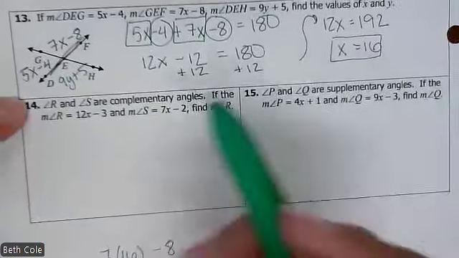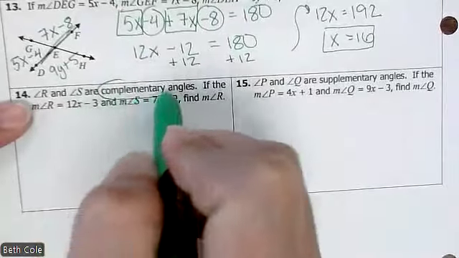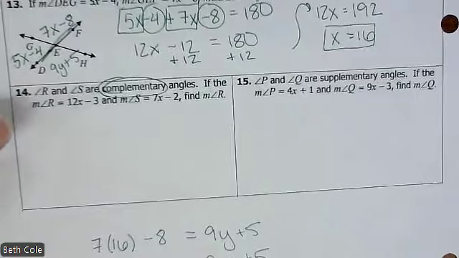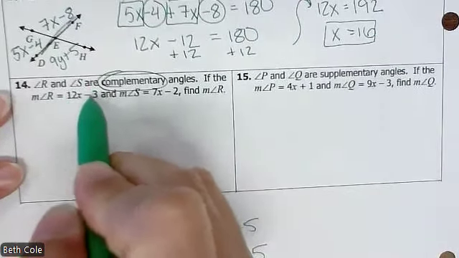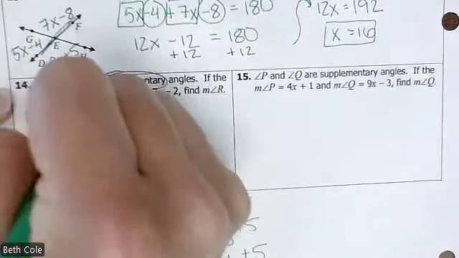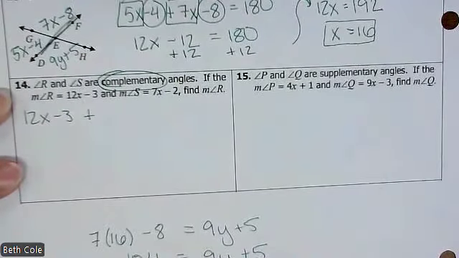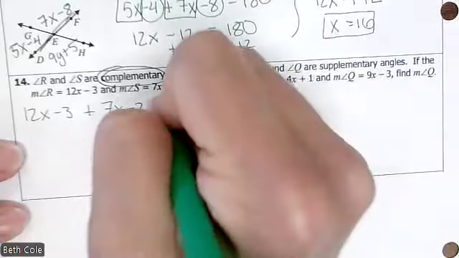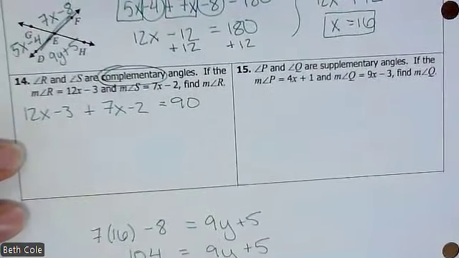Okay, so number 14 says R and S are complementary. What does that mean? They add up to 90. So you're going to take 12x minus 3 plus the other one, 7x minus 2, and set it equal to 90 and then work it out.